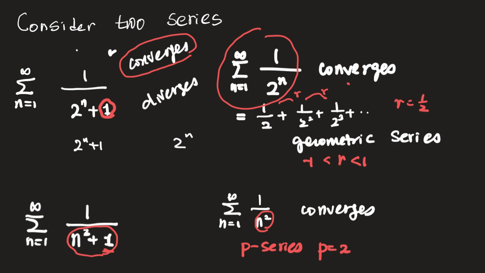The only difference is 1. What do you feel? Does this one converge or diverge? This one converges also. So by using the comparison test, we decide if a series converges or diverges based on a series we already know. That's what we call the comparison test.